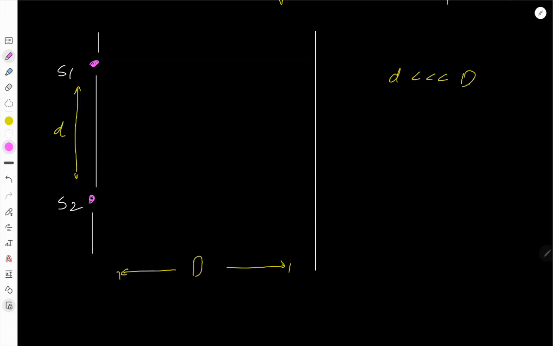And for the time being, we are considering both of them to be the same kind of sources, that are coherent sources, which have a path difference of 0 and a phase difference of also 0. So these are coherent sources which Young's experiment actually had.